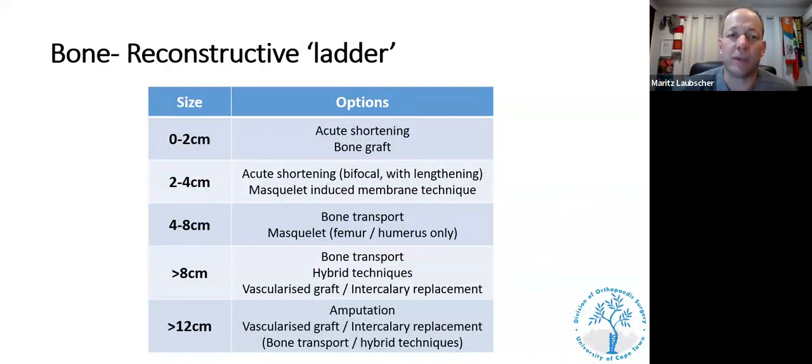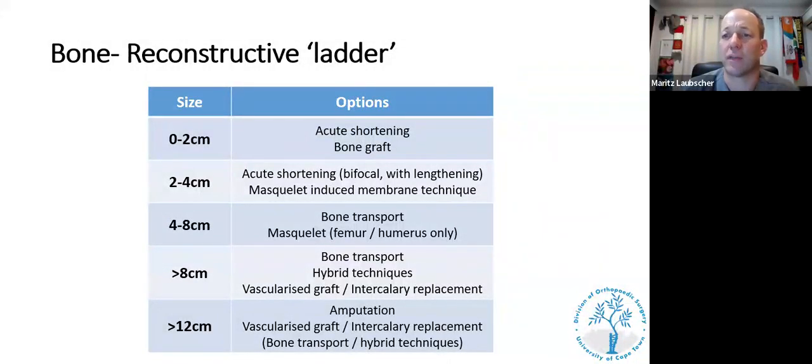2 to 4 centimeters now. Just cancellous bone grafting of defects of more than 2 centimeters has a very high failure rate, and you can still shorten, but you should consider lengthening either simultaneous or later, or you can do techniques like the Masquelet technique. I'll discuss the Masquelet technique a little bit later.